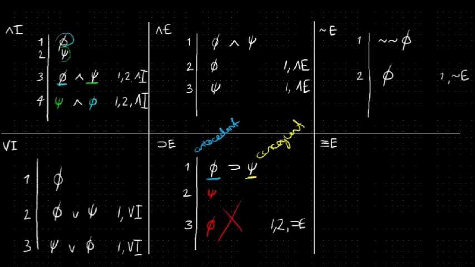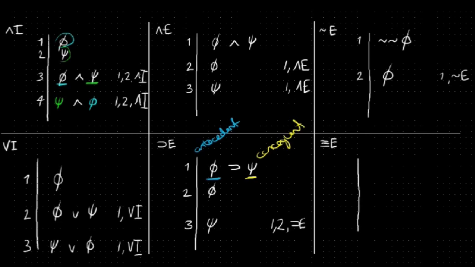This isn't a valid form of reasoning, as we've already seen. This actually commits the fallacy of affirming the consequent, which you'll have looked at in critical thinking. Okay, so phi then psi, phi, we can derive psi.